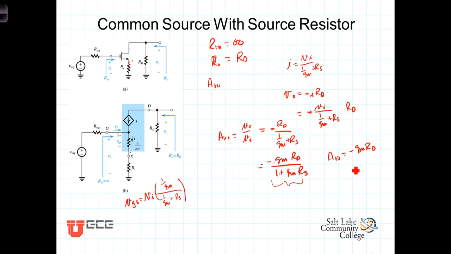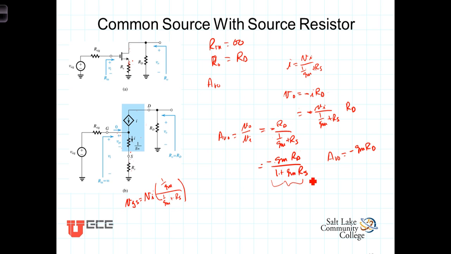You'll notice that the open circuit gain with the source resistance is less than that of the common source amplifier, divided by this 1 plus G sub M R sub S term.